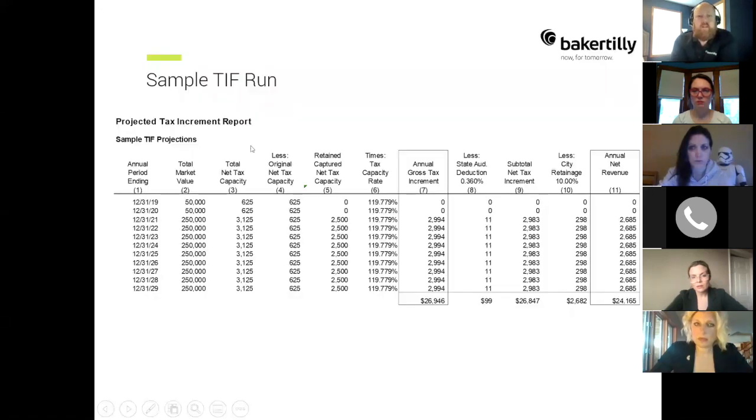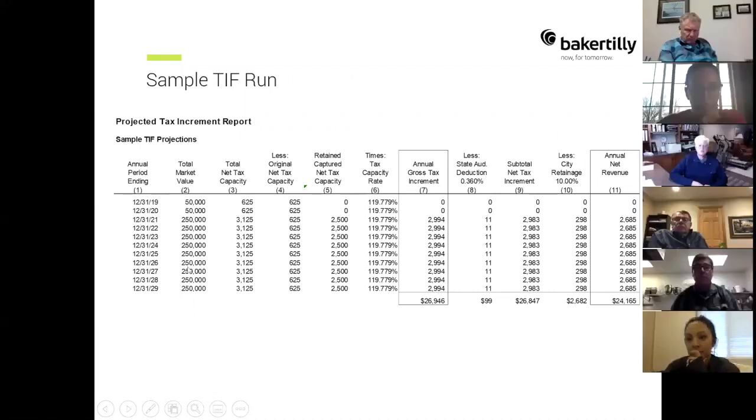So this is what a sample TIF run would look like within a TIF plan. On the left here, you can see the years and the market value, which gets converted to tax capacity. We take out the amount that's applicable to the base value because that still goes to the taxing entities. And then we have our net growth multiplied by our local tax rate. This is the combination of the city, the county, the school district, and some of the smaller watershed type entities.